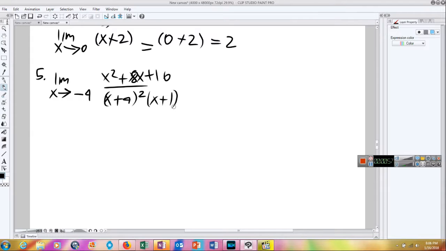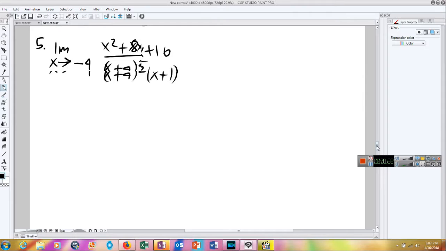We can actually do this either way. We can expand the numerator, or we can factorize the denominator. For the sake of this example, I'm going to do both, and you'll see what I mean.